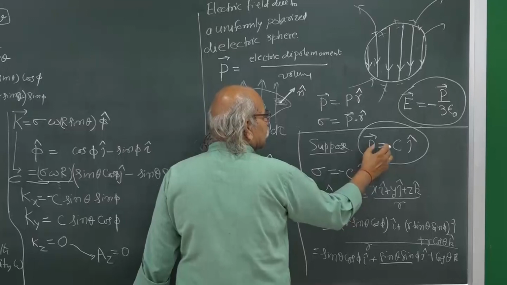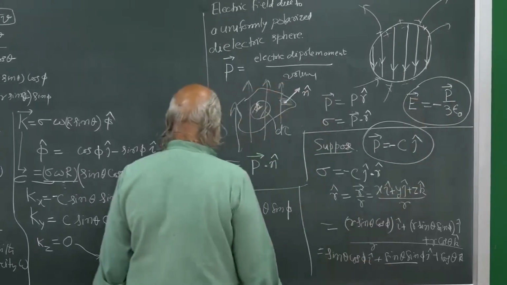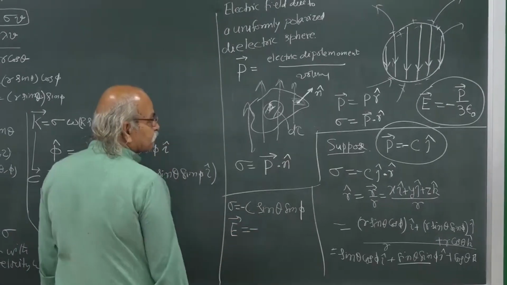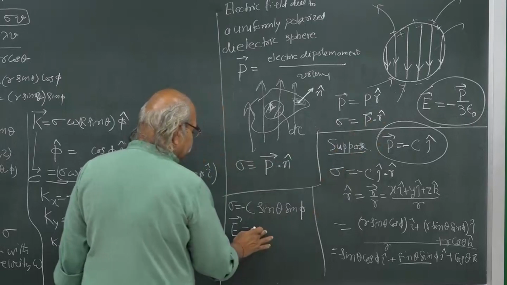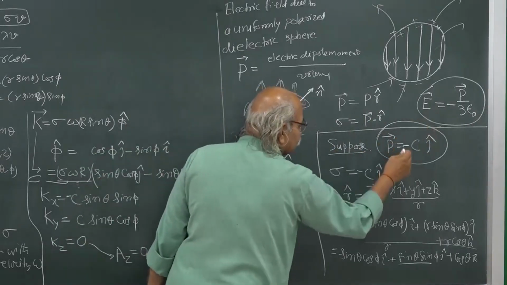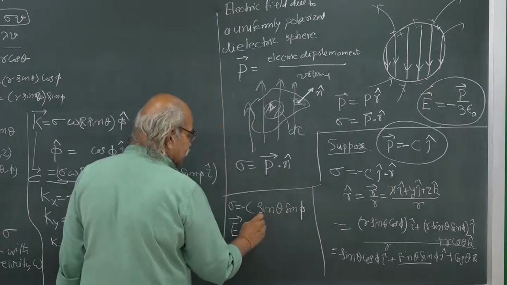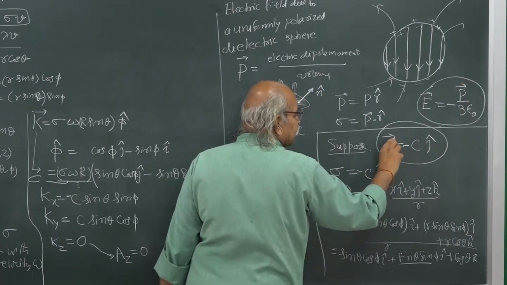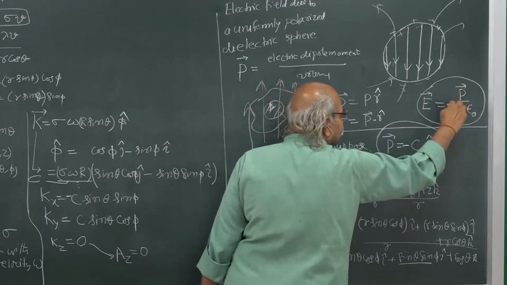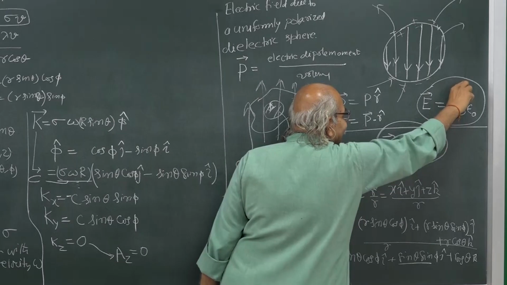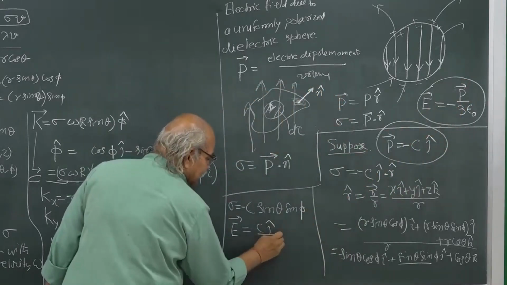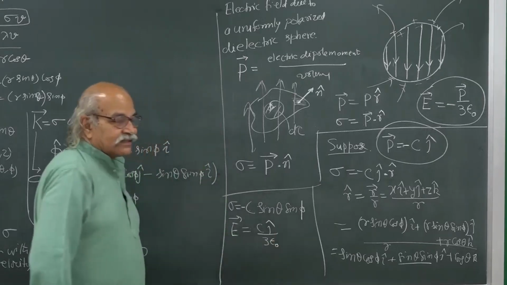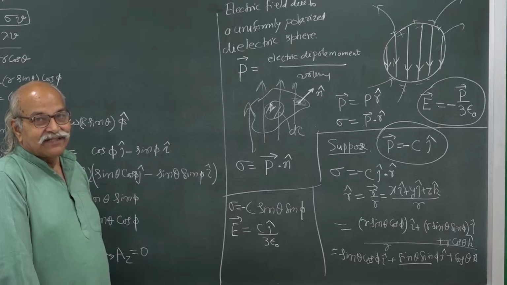So, for this charge distribution, the electric field is minus P over 3 epsilon naught, and this P here is minus C j cap. So, I am writing here minus of minus C j cap, so it is C j cap divided by 3 epsilon naught. That is the electric field.